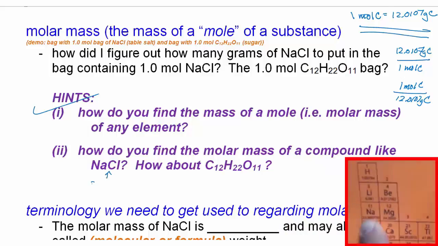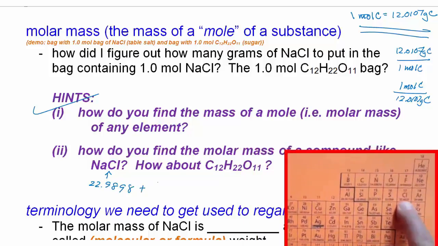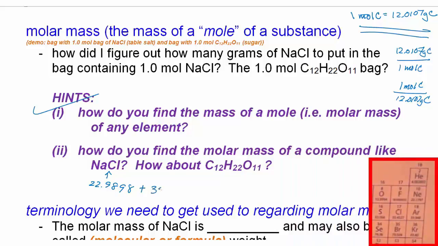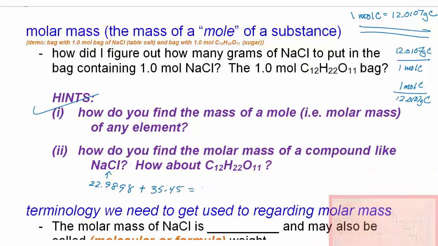That's one sodium atom, 22.9898, pretty much, plus chlorine, which is 35.45, and we'll have the molar mass of sodium chloride, 22.9898 plus 35.45, about 58.44. 58.44 grams of sodium chloride per mole of sodium chloride.